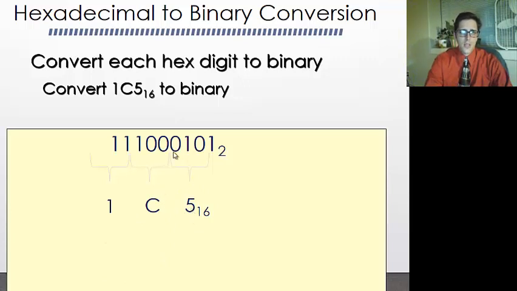Okay, then we have this one: 1, 1, 0, 0. 2 to the 0 is 1, so that's not there, that's a 0. 2 to the 1 is 2, that's not there. 2 to the 2 is 4, plus 2 to the 3 is 8. So 8 plus 4 is 12.